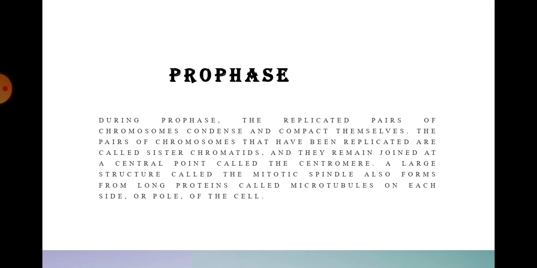A large structure called the mitotic spindle also forms from long proteins called microtubules on each side or pole of the cell. Prophase is the first phase of mitosis, the process that separates the duplicated genetic material carried in the nucleus of a parent cell into two identical daughter cells.